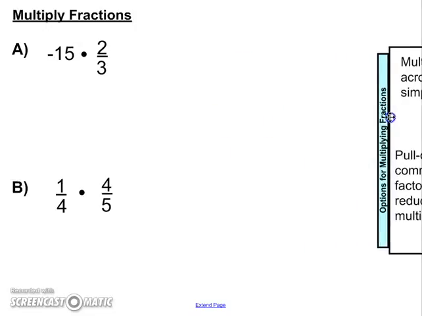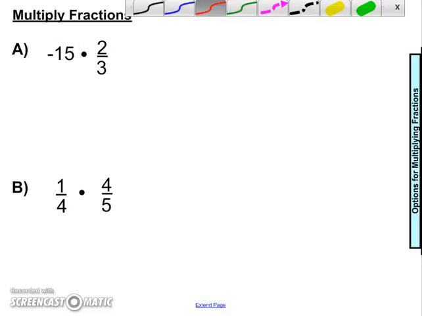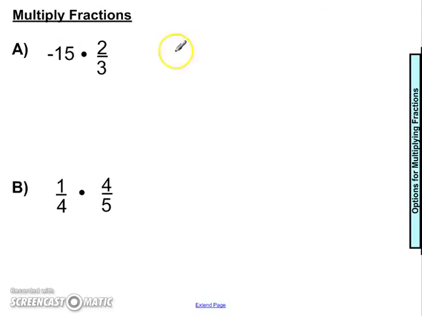Now, first of all, if we're going to go whole number times fraction, we probably want to make the whole number, the integer, into a fraction. The nice part about that is all we have to do is take the integer and put it over 1. Because if you really think about it, how is that the case?